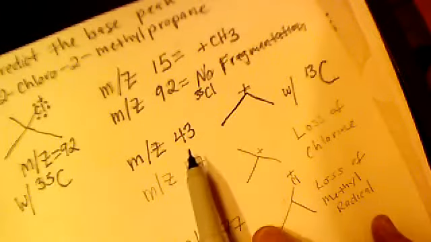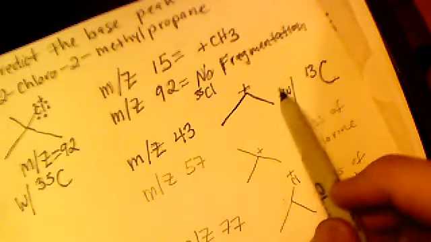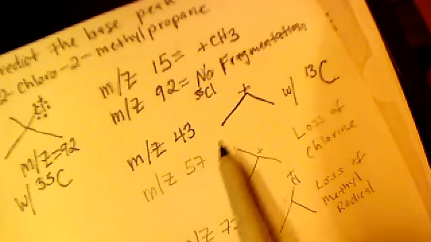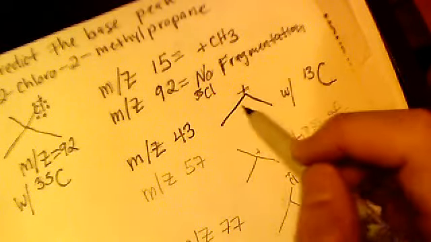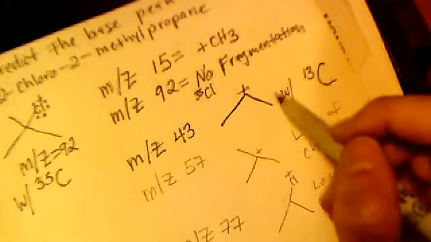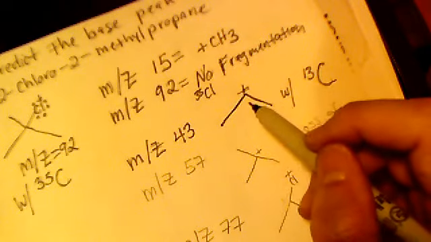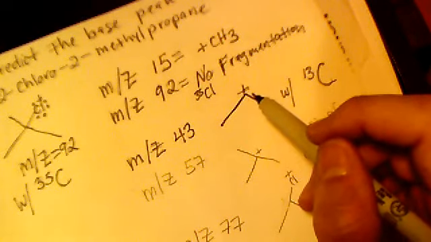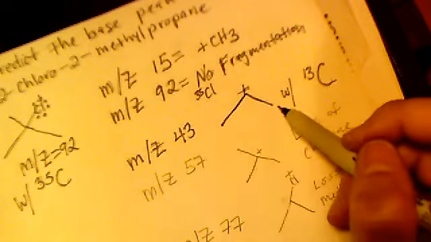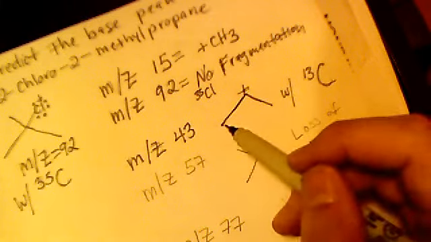You need carbon 13 to make it 43, because 12 plus 12 plus 12 is 36, and 36 plus 6 is 42. So you need the carbon 13 in order to make it 43.